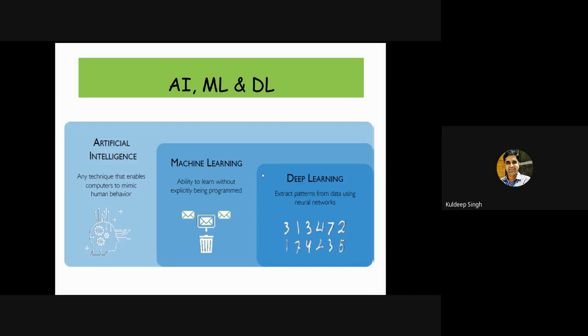Suppose you have to classify between different types of fruits. How can you classify that? With the help of artificial intelligence, there used to be some kind of if-then-else rule engines. If the color of the fruit is red, the shape of the fruit is pear, and the weight of the fruit is 100 grams.